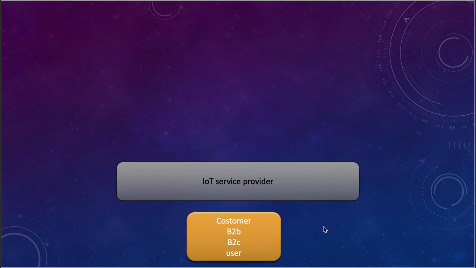This company itself, they might have their own IoT products, right? They might have their own IoT products that would include applications, and so on and so forth.